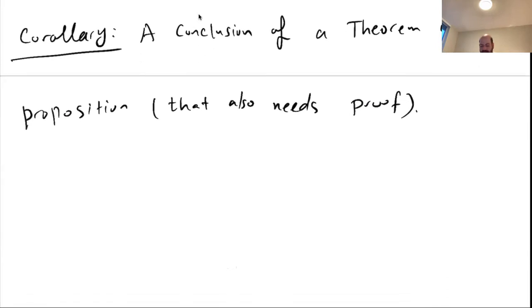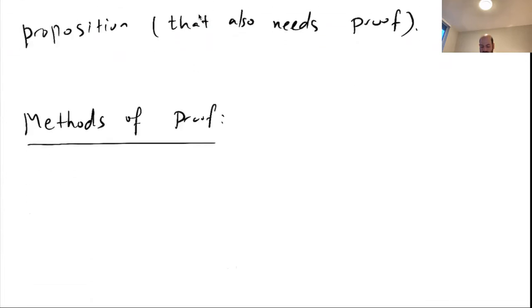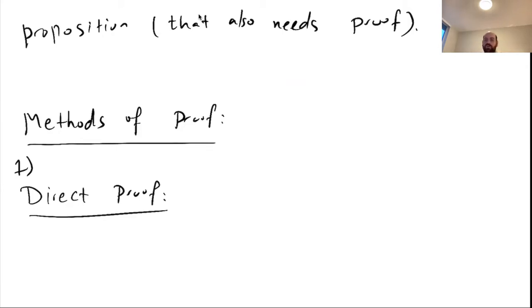Okay, now let's look at the methods of proof. One method is direct proof. So how does a direct proof work in mathematics?